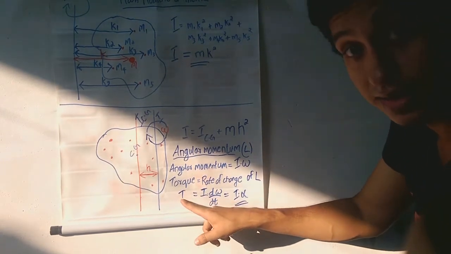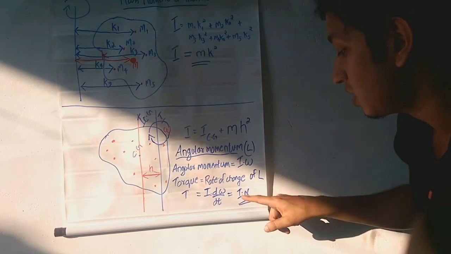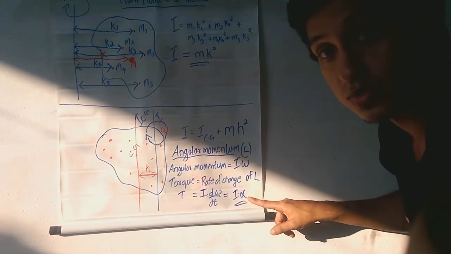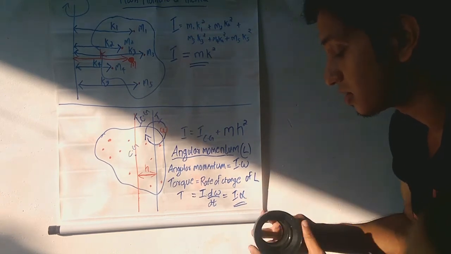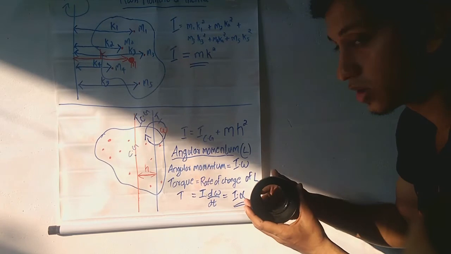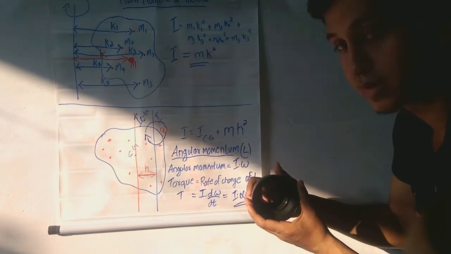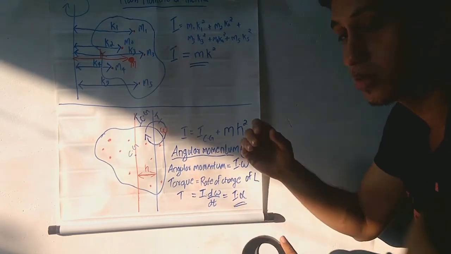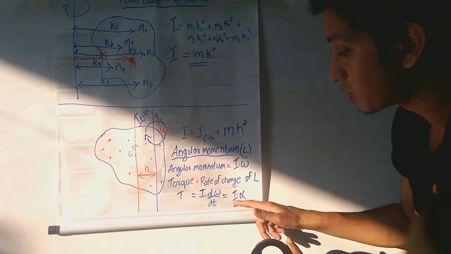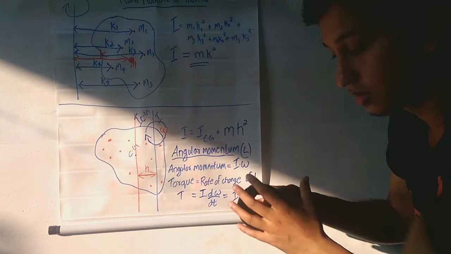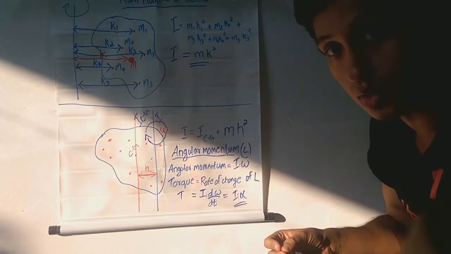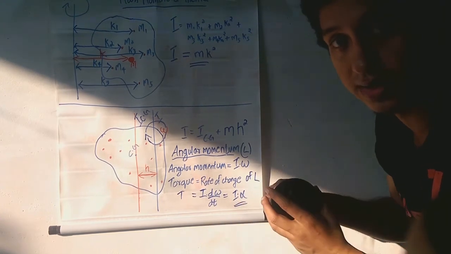If your torque is limited and this I becomes big, your alpha has to be small. It means with your limited torque, if you want to change your angular velocity to a higher level, because your I is big for a bigger mass, your angular acceleration will be small. It will take a lot of time to accelerate.